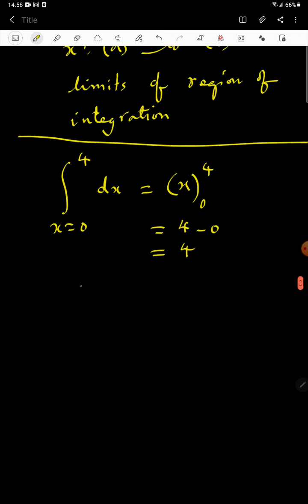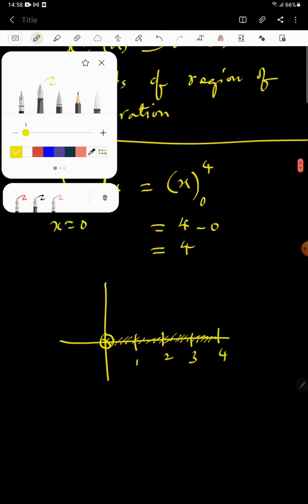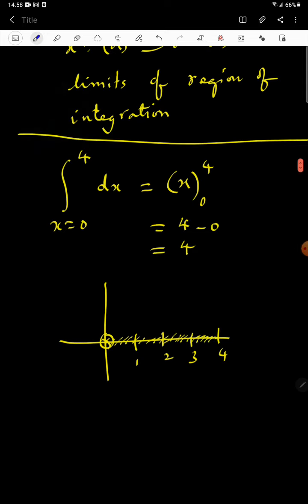This 4 is nothing but the length of the interval. We are starting from 0 and we are ending at 4: 1, 2, 3, 4. Now this particular shaded interval is from 0 to 4 and the length of the interval is equal to 4.